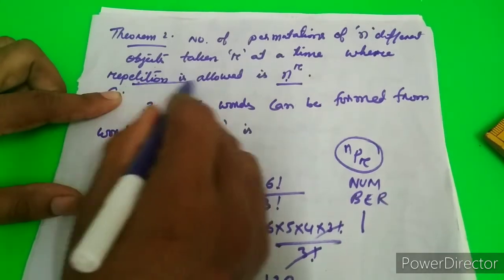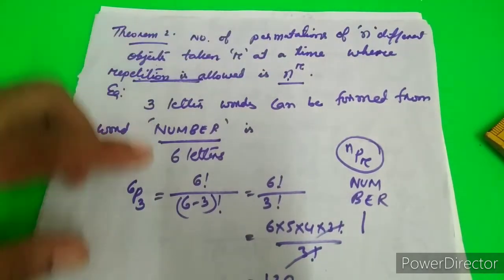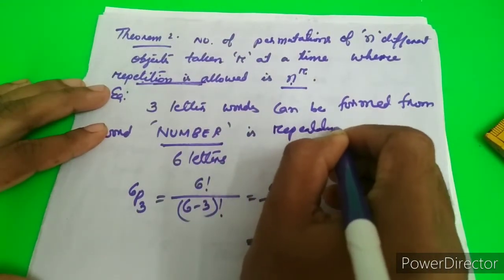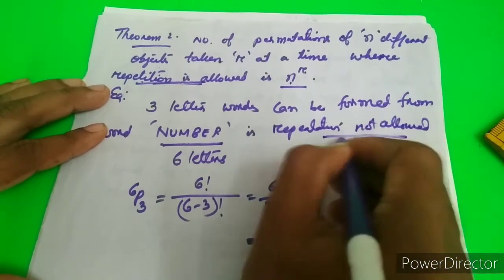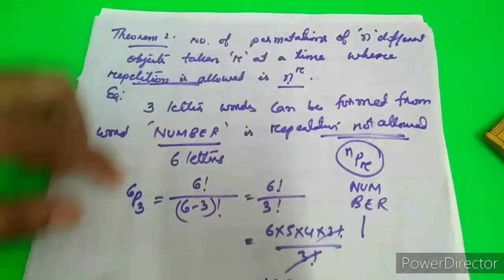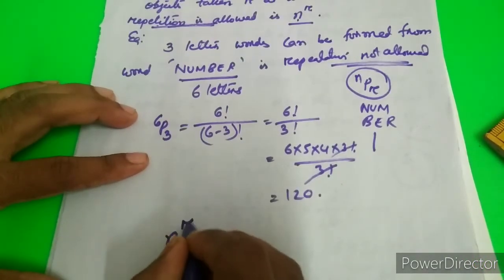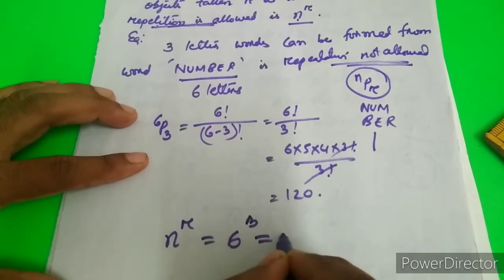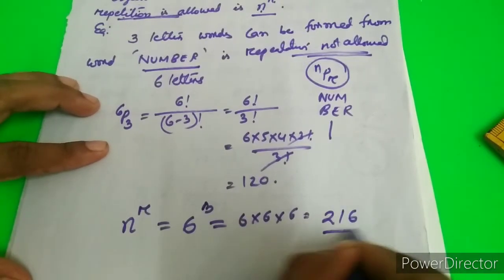Now, here in this case repetition is not allowed. In theorem 1 we have seen that when repetition is not allowed we use nPr, that is 6P3. When repetition is allowed we write n to the power r. n is 6, so it is 6 to the power 3, which is 6 times 6 times 6, that is 216.